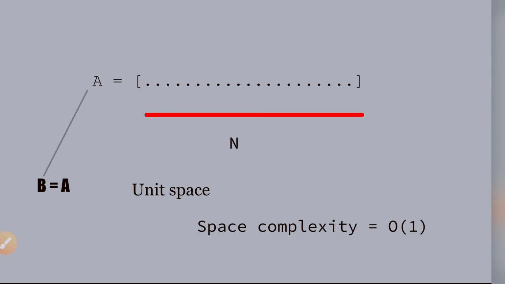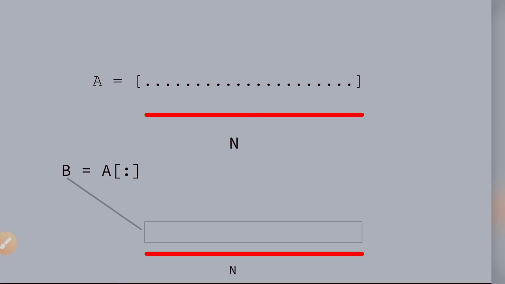The other way is copying the elements of A into B like this. In other programming languages such as C, C++, Java, etc., we have to iterate the whole array to copy it to another space. First we have to declare an array B, and then we iterate with the help of a for or a while loop, and store each element of A to B. But in Python, we can just use the slice operation and perform it like this: B is equal to A, open bracket, colon, closing bracket.